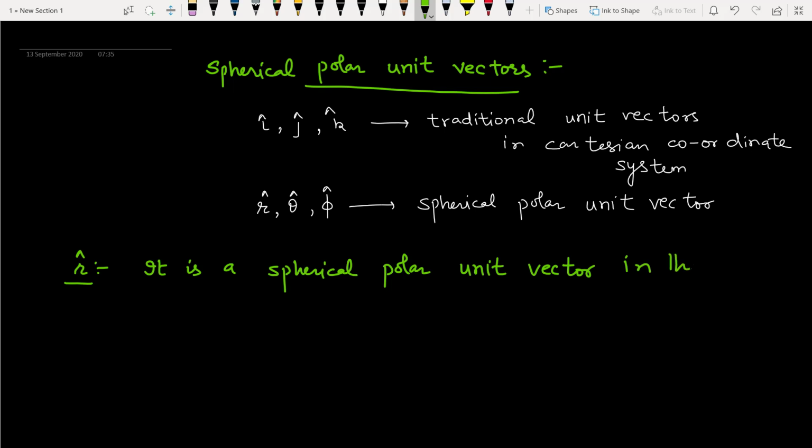in the direction of increasing r. So now we will try to depict it diagrammatically.